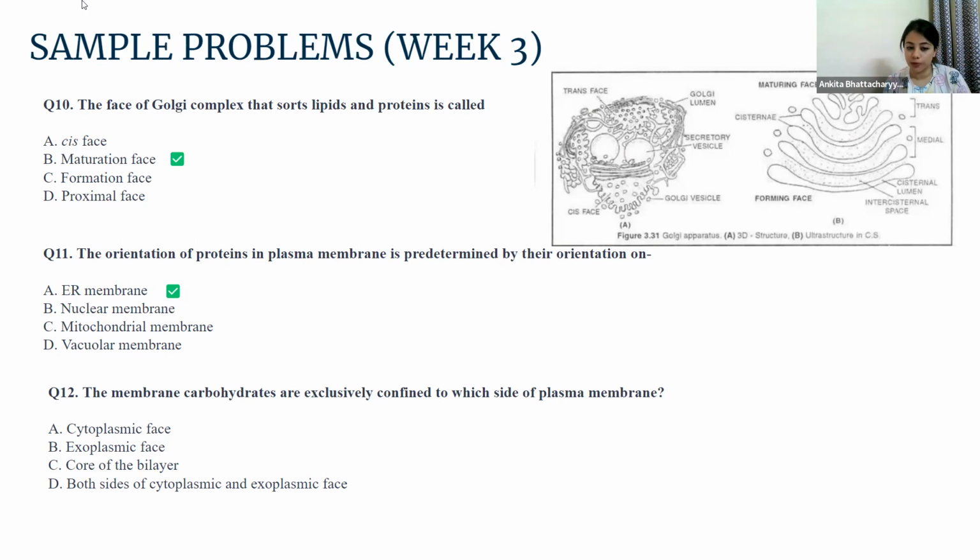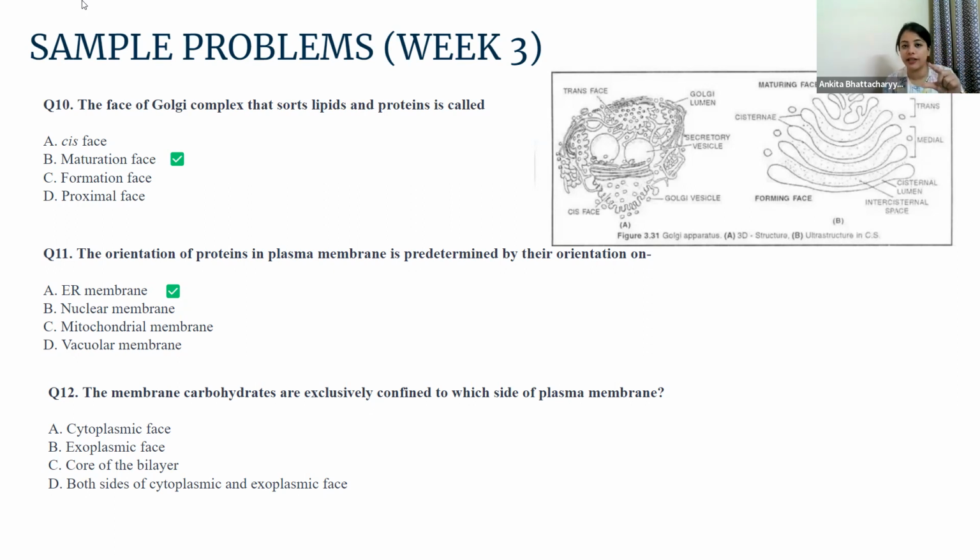If we look at the options here, for a lipid bilayer, the cytoplasmic phase is towards the interior, and obviously carbohydrates cannot be present in such a reducing environment. The exoplasmic phase is towards the outside. The core of the bilayer is hydrophobic, so it will not accommodate anything except for the lipids, the fatty acids which are present.